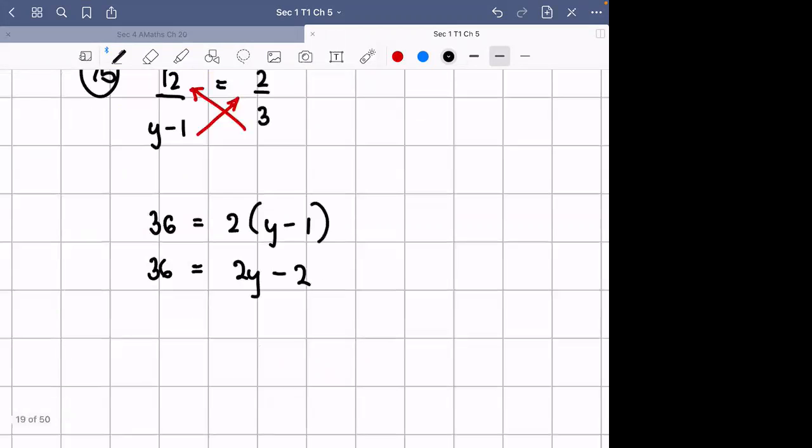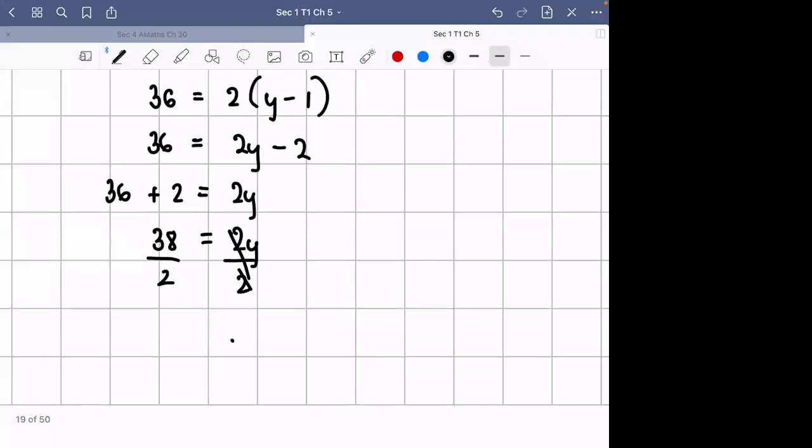Solving for y, bring down 2y equals, so what happens with minus 2? It goes to the left side as plus 2. So 36 plus 2 is 38, and then to solve for y, divide both sides by 2. So y is equal to, what is 38 divided by 2? 19. Okay, so that's your answer for 7b.